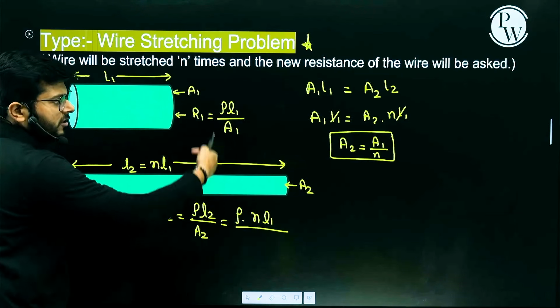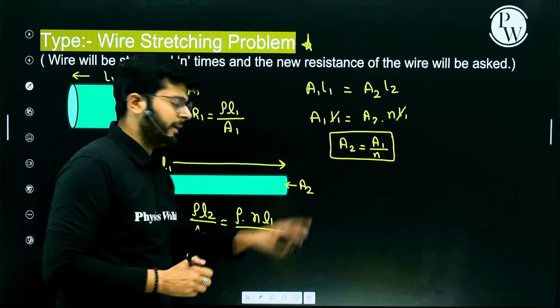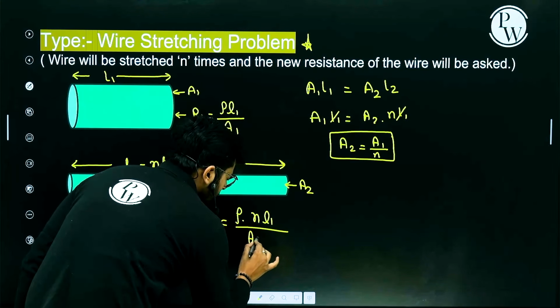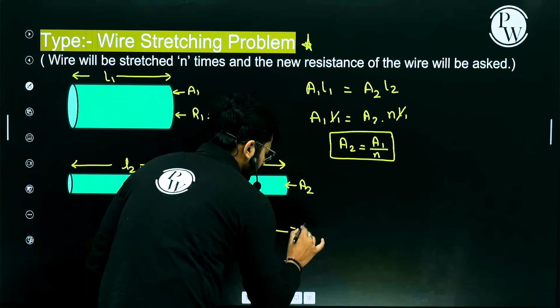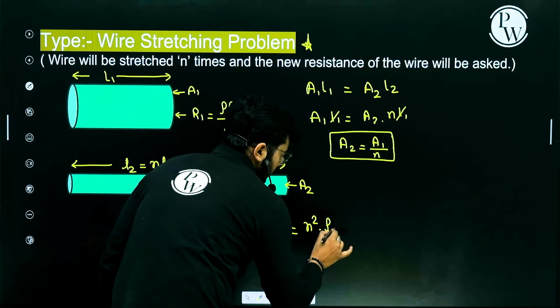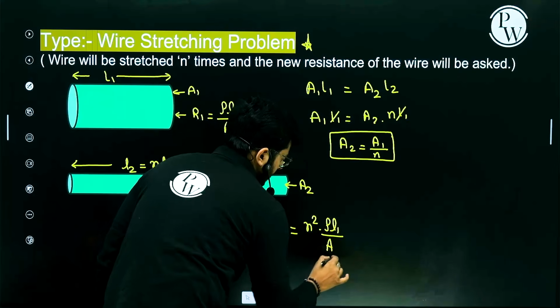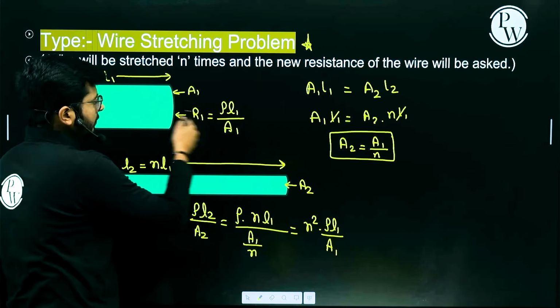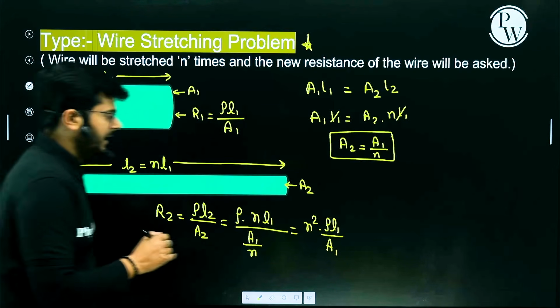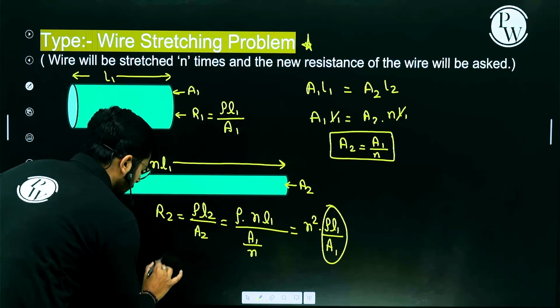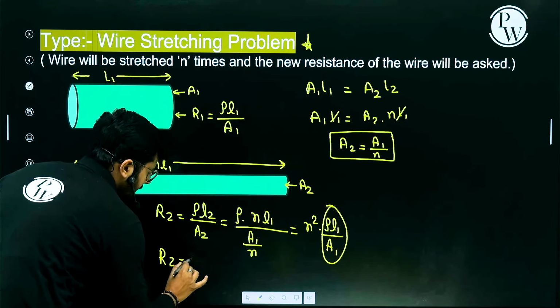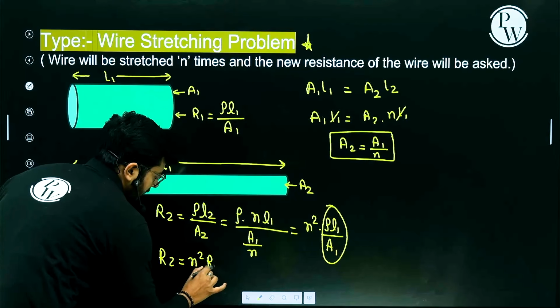The cross-sectional area A2 is A1 upon n. This n will go in the numerator and it will become n square, rho L1 upon A1. My dear kids, rho L1 upon A1 was the original resistance of the wire, R1. So instead of this part, you can put R1. So R2 will be n square times R1.